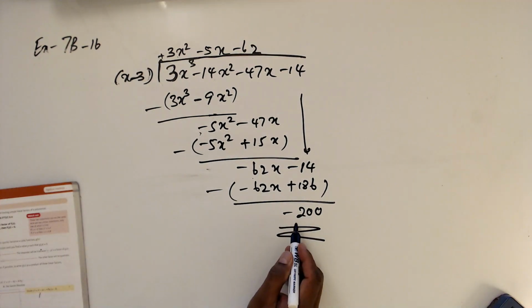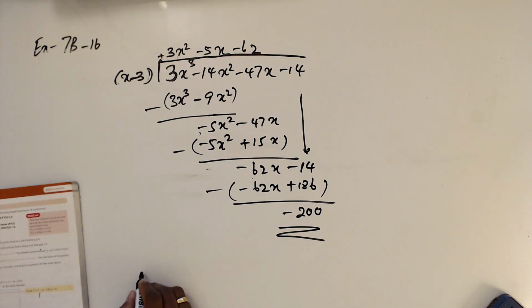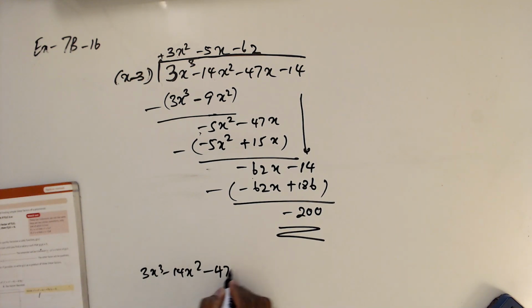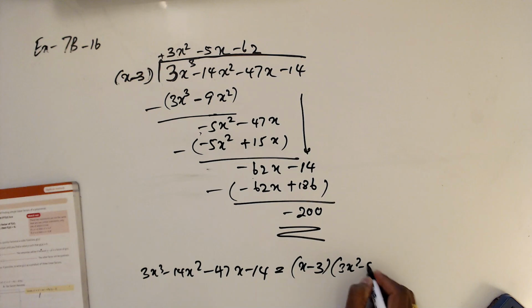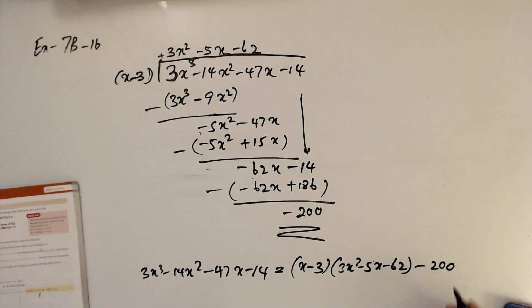Now you can see that the remainder is minus 200. So we can write 3x cubed minus 14x square minus 47x minus 14 equals x minus 3, this is the divisor, times the quotient 3x square minus 5x minus 62, and the remainder is minus 200.